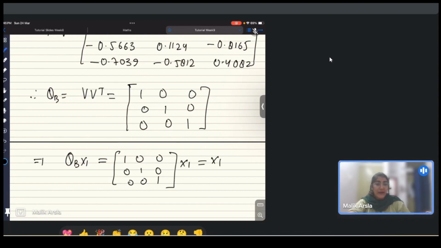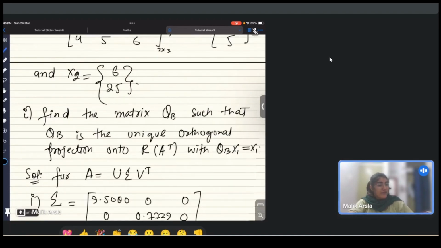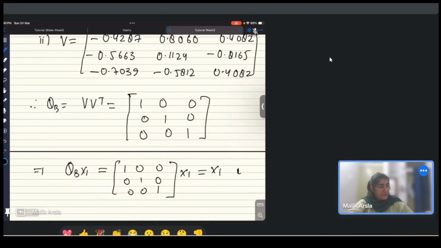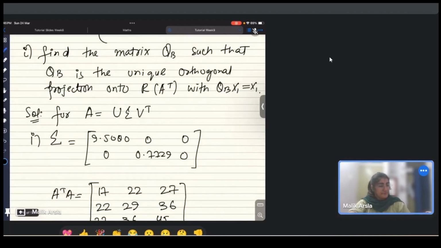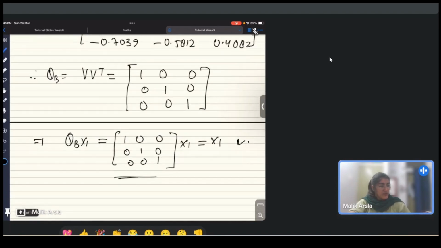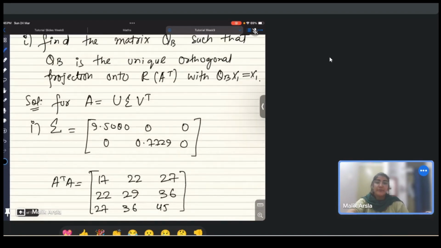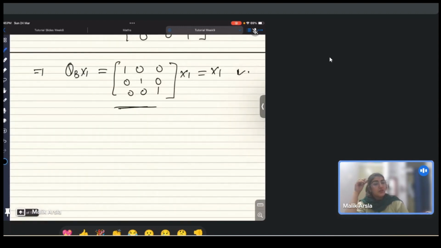Obviously this is a unitary matrix, and x1 is 1 2 5, so it will come out to be x1. So this thing is correct. This is the solution. You have to find QB only. Understood till here?